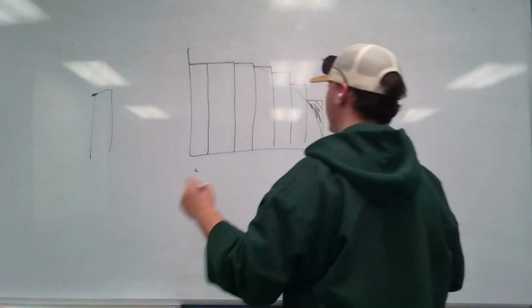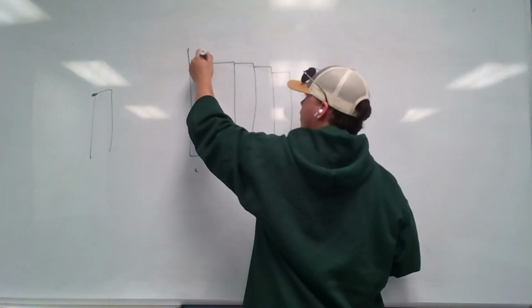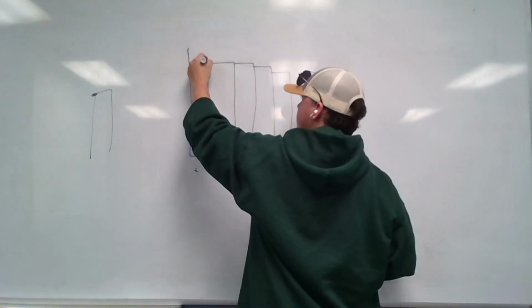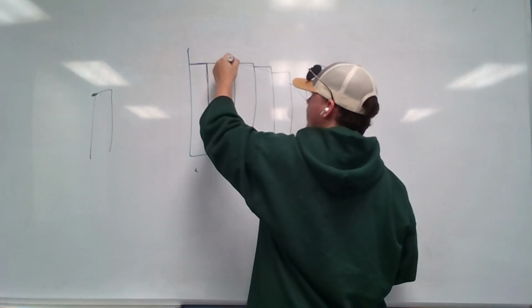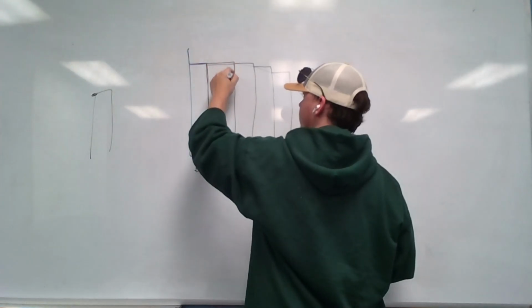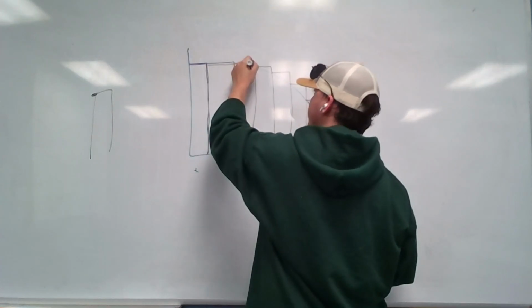Let's draw it on. We'll use purple this time. Put it right here. For the first one, since it's mostly flat, it's going to be about the same. Right there, down.